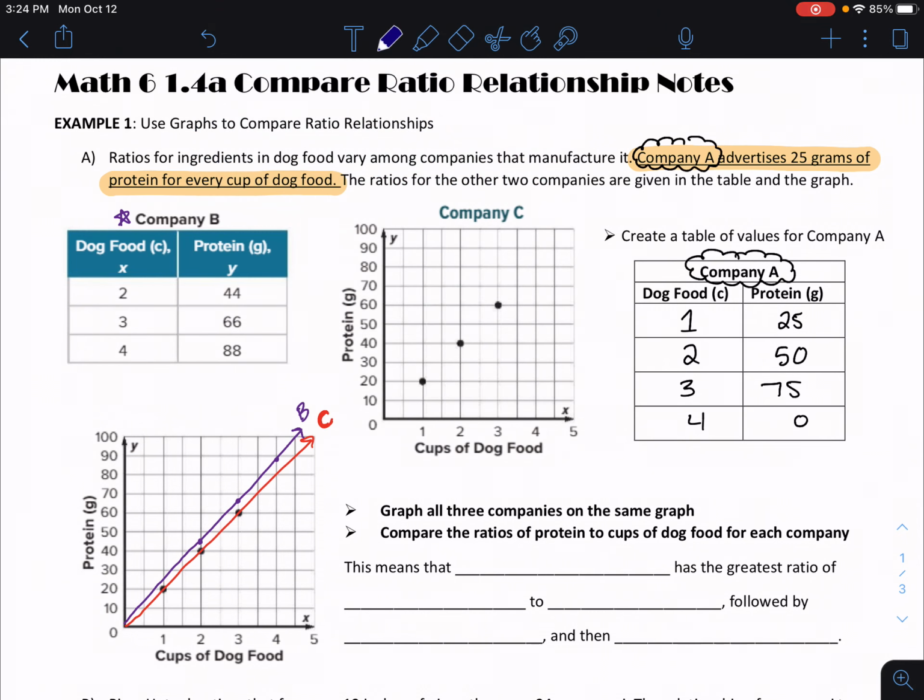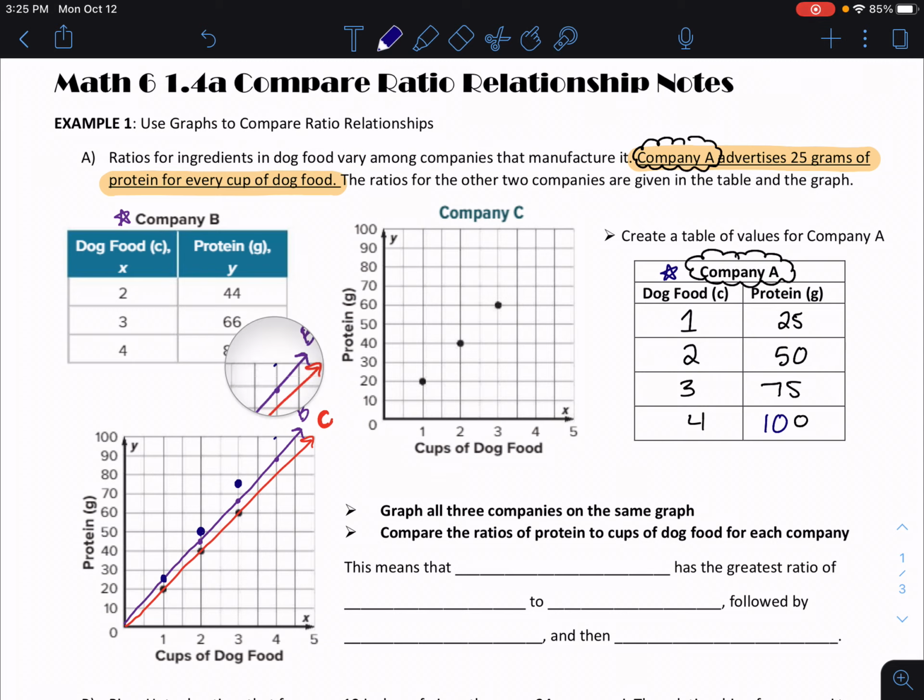Now I'm going to graph Company A, and I'm going to use blue here for Company A. So 1 is going to be 25, so right in between 20 and 30. 2 is going to be 50, so up above the other 2 lines. 3 is 75, so between 70 and 80. And then 4, I don't know where my 100 went. 4 is up at 100.